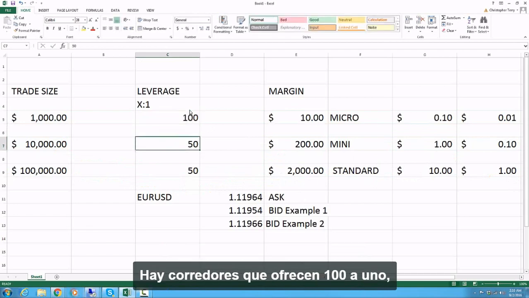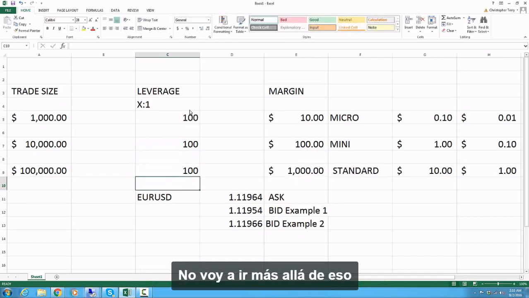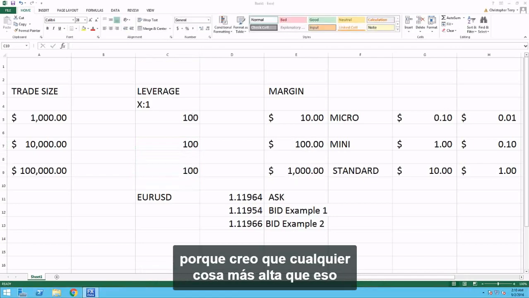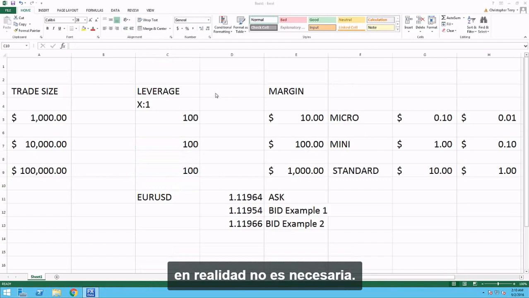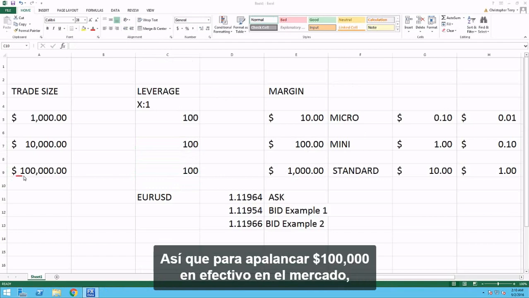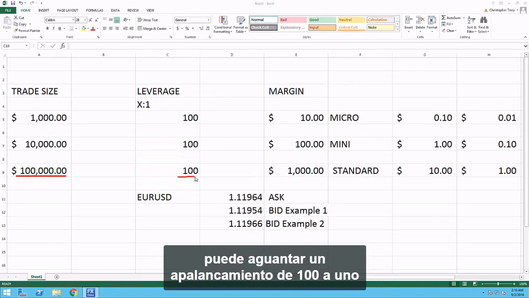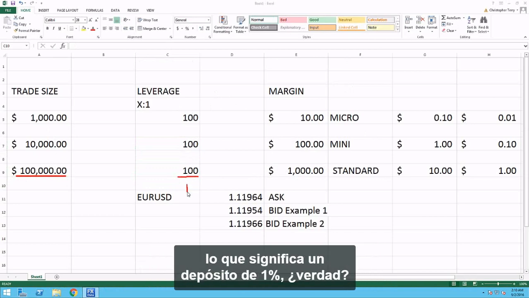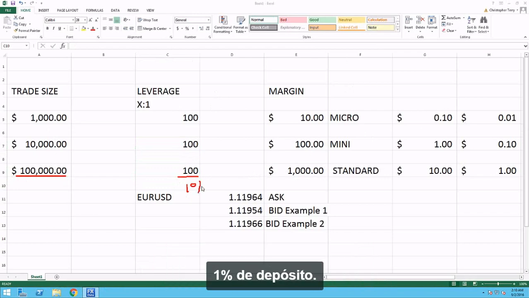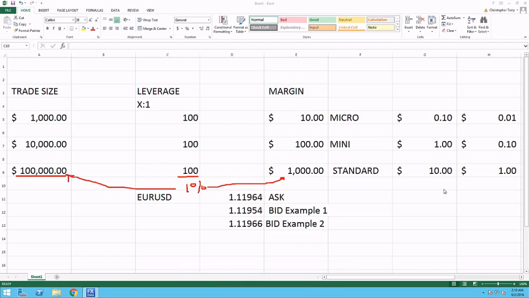Let's look at other leverage that the markets hold. There's brokers that offer 100 to 1, and I'm going to go up to 200. I'm not going to go past that, because I think anything higher than that really is unnecessary. So to leverage $100,000 in cash in the market, you can put with 100 to 1 leverage, which means a 1% deposit, right? $1,000 leverages $100,000.